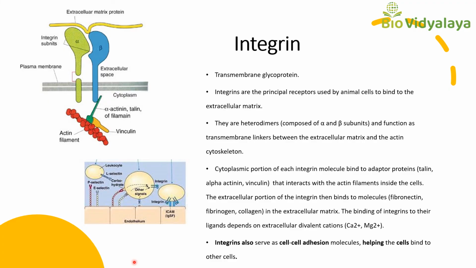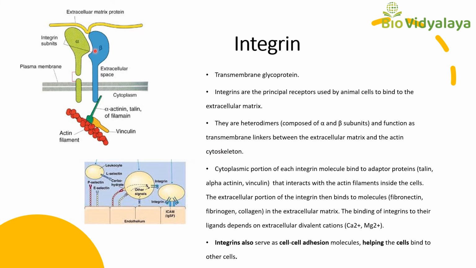Last one is integrin. Integrins are transmembrane glycoproteins, and integrins are the principal receptors used by animal cells to bind to the extracellular matrix. That means it is helping in cell matrix adhesion. They are heterodimers composed of alpha and beta subunits and function as transmembrane linkers between the extracellular matrix and the actin cytoskeleton.